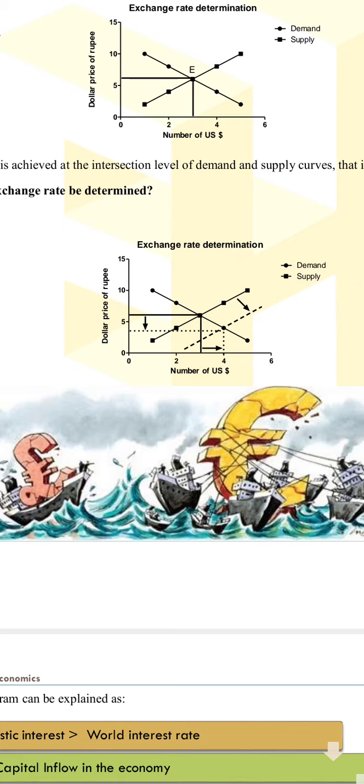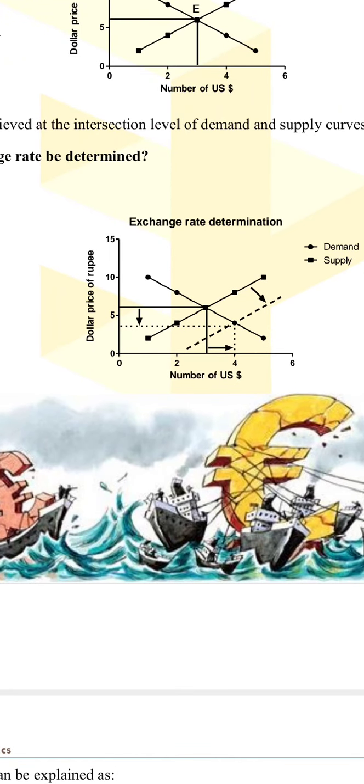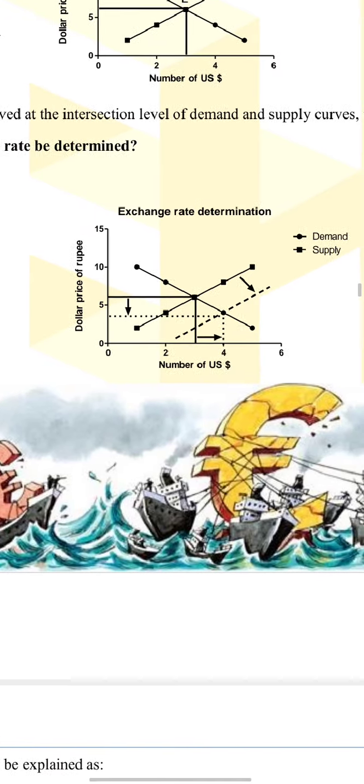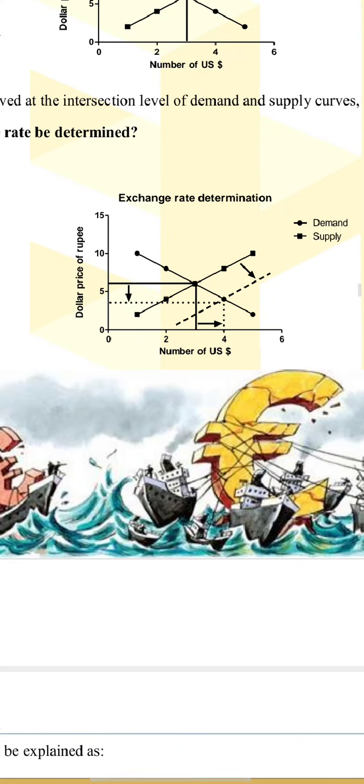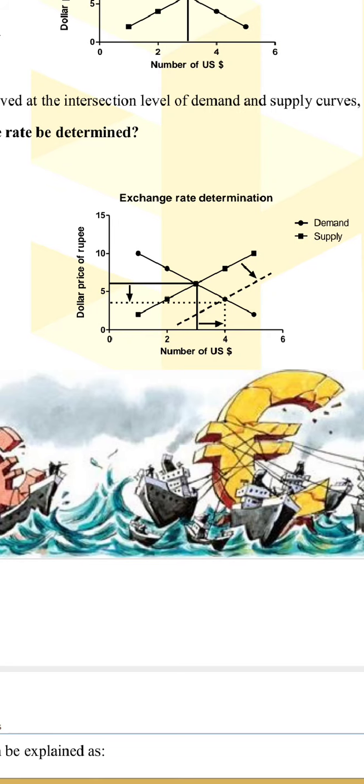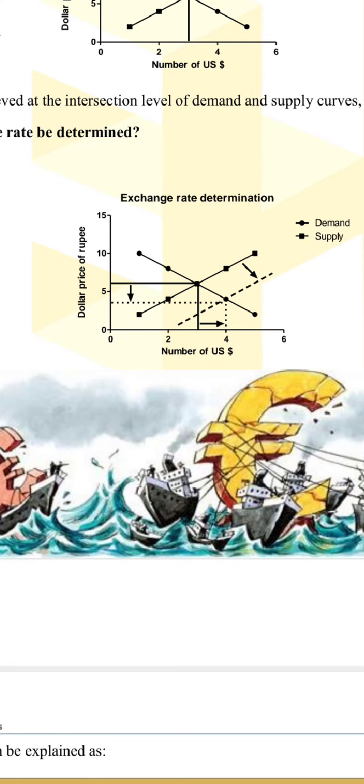So here you are seeing the shift in the demand and supply curve, and the equilibrium point also shifts from upward to downward.